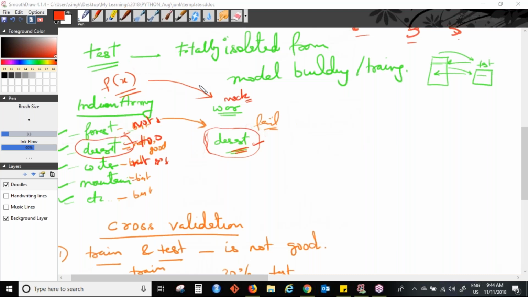That way we will avoid the cheating part. But even if we do that, we might still fall into trouble, because whatever parameter values we finalize might be good only for the validation data. That might not be good for the actual test data also. So how should we overcome this problem?